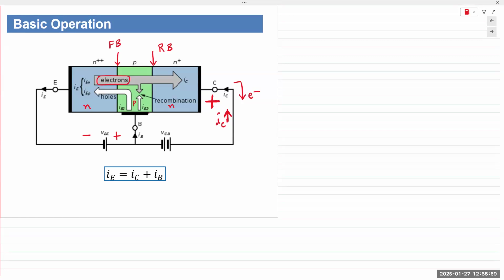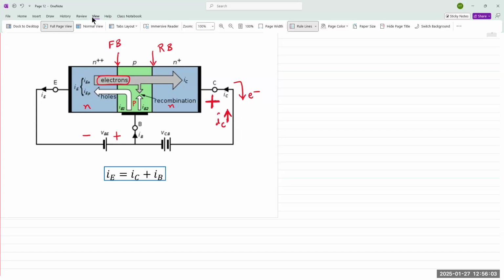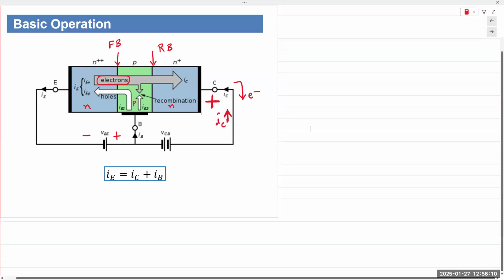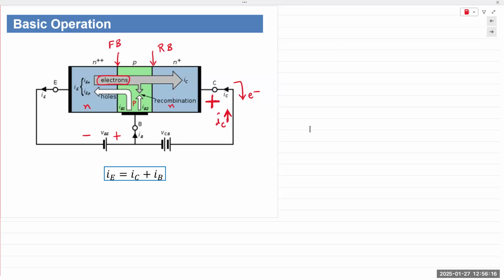And the reason why the collector current is approximately equal to the emitter current is because, again, the base is very lightly doped. Because the base is very lightly doped, only a small fraction of the emitter current goes into the base. The rest of it goes into the collector. So the collector current and the base current combine to give us the emitter current.